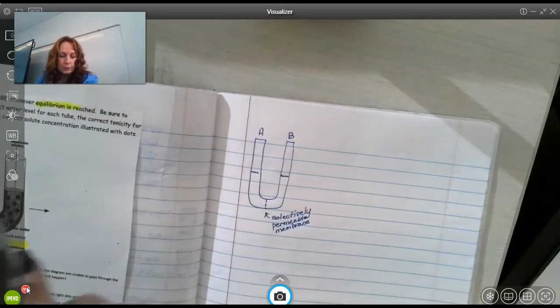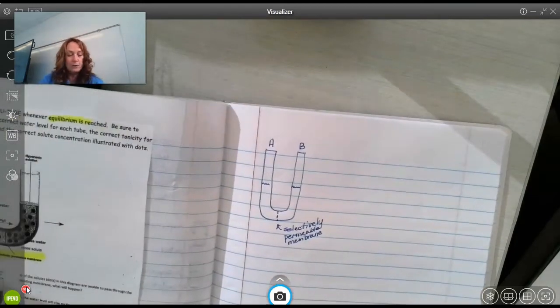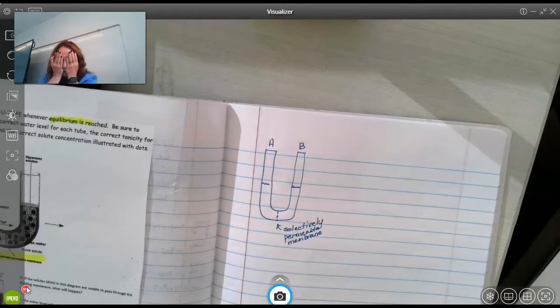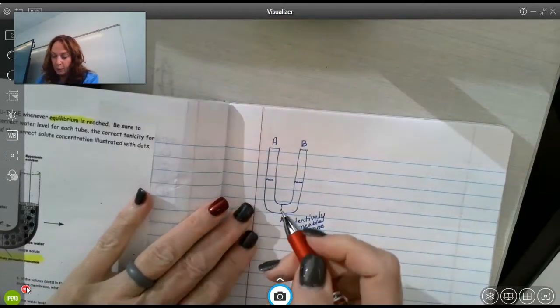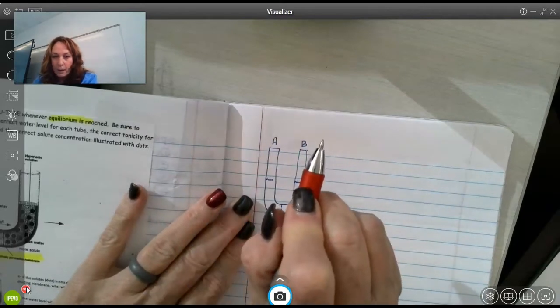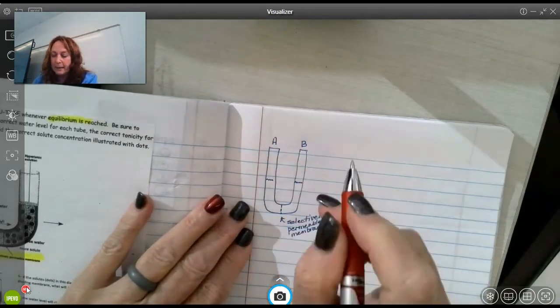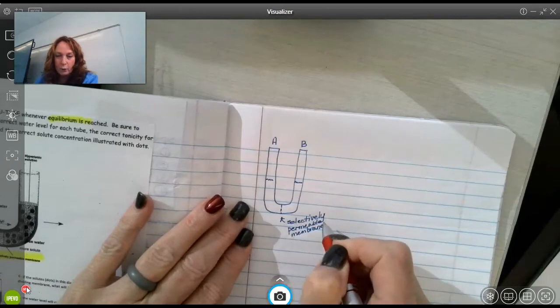So, solute. So I think what I'm going to do, and I hate doing it this way with the numbers, but I'm going to do it this way anyway, just because it's simpler. The red molecules I'm going to let be too big to go through.